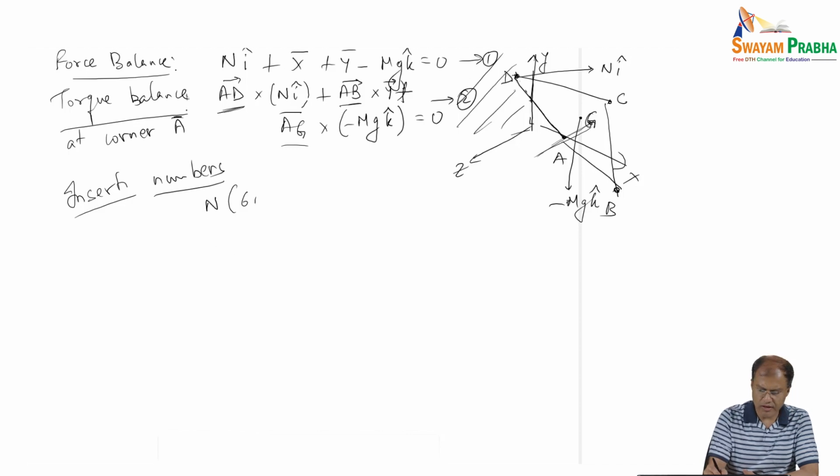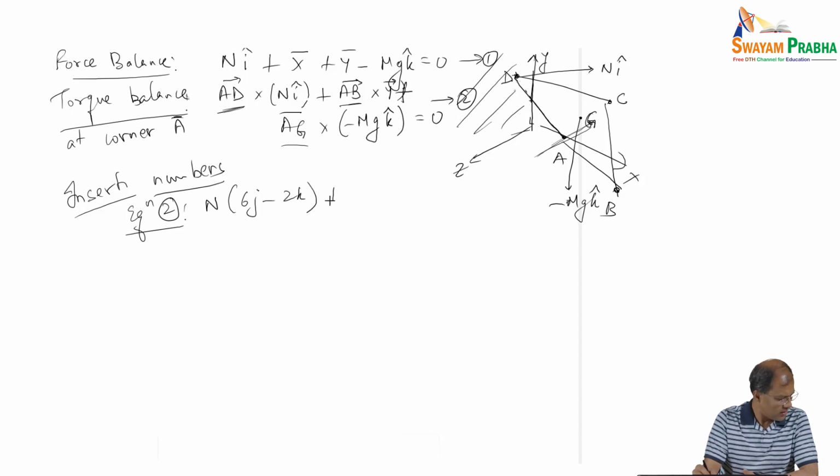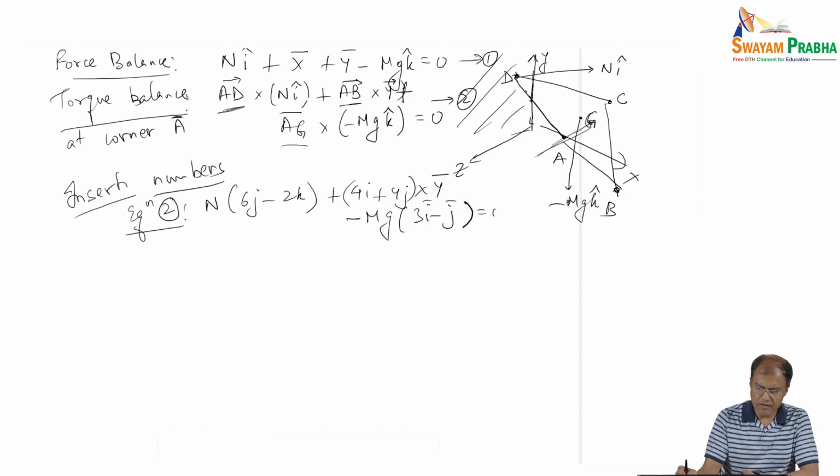So this is equation number 2, the torque balance: N times 6j minus 2k plus 4i plus 4j cross with Y and minus mg 3i minus j. Okay, this is 0.